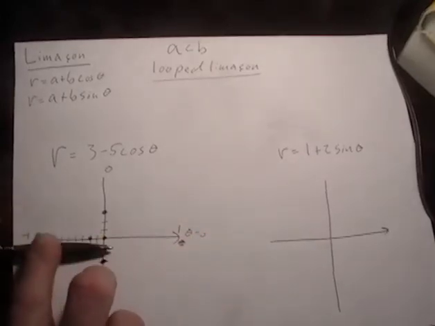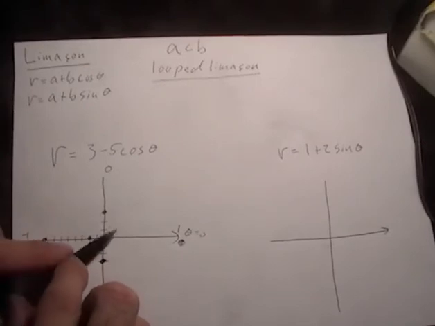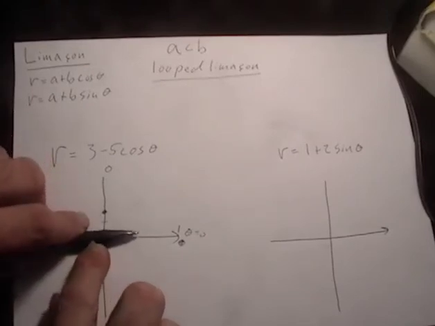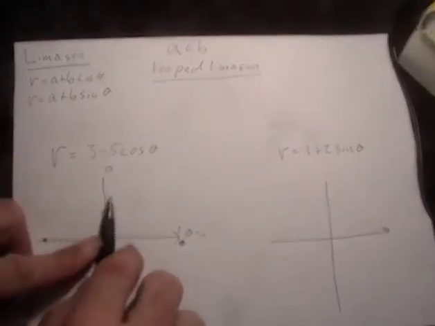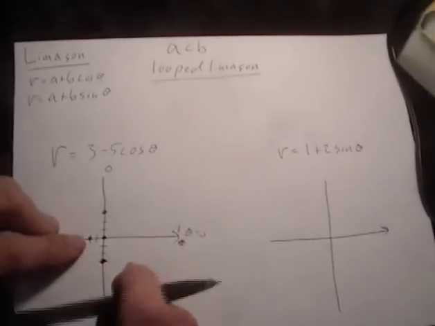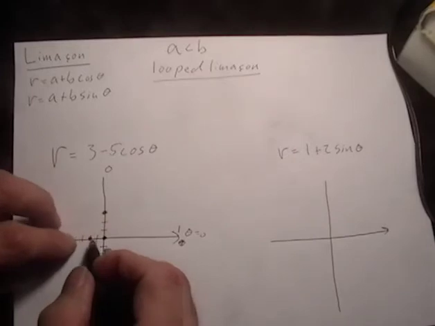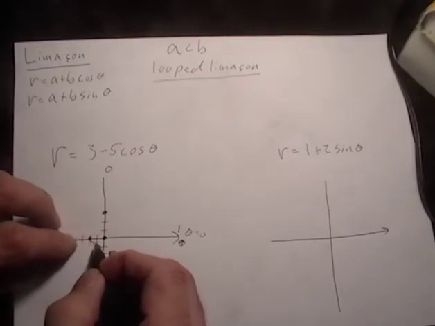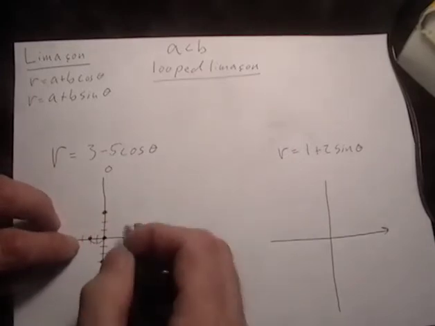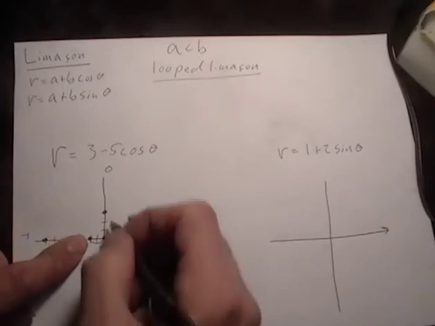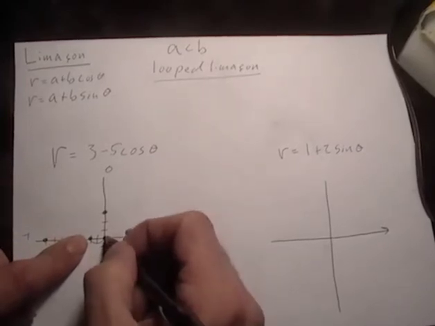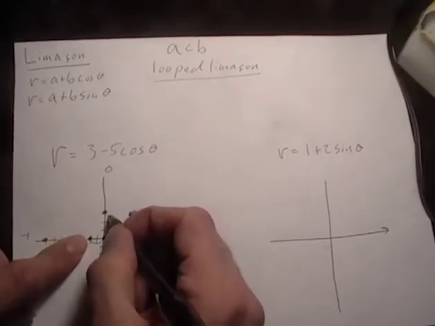I have to start by sweeping through from theta equals 0 to theta equals pi over 2. As I'm turning, remember that r is negative, so while I'm looking this way, I'm actually going to be drawing behind until I hit r equals 0, after which r is going to turn into a positive number.